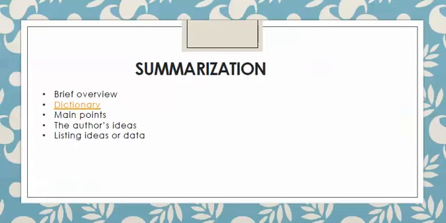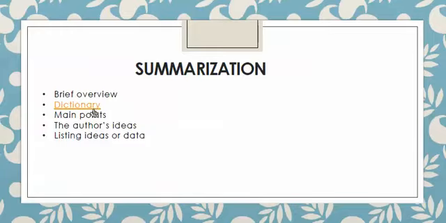So a summarization is a brief overview. That's a statement of what your findings are. The student received 10 words out of 20 words, sight words correctly. And so that's a summarization.